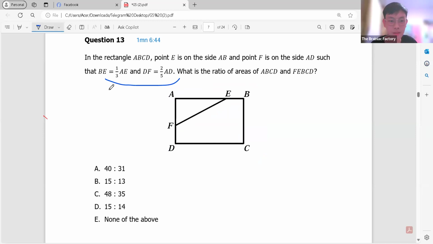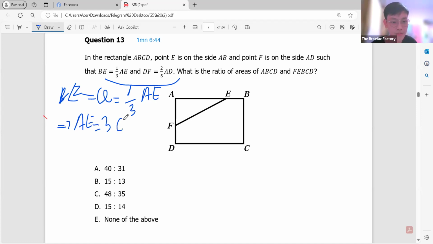Let us assume BE is equal to A, so that it is equal to 1/3 AE, so AE is equal to 3A.